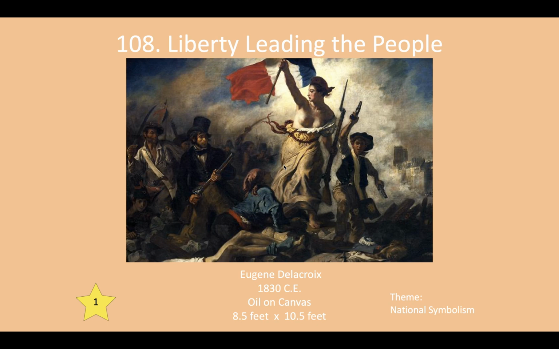We're dealing with the monarchy had been restored. So we had monarchy, and then we had republic, and then we had Napoleon, and now we have the monarchy again, and the monarch, the king, Charles X, is just horrible.